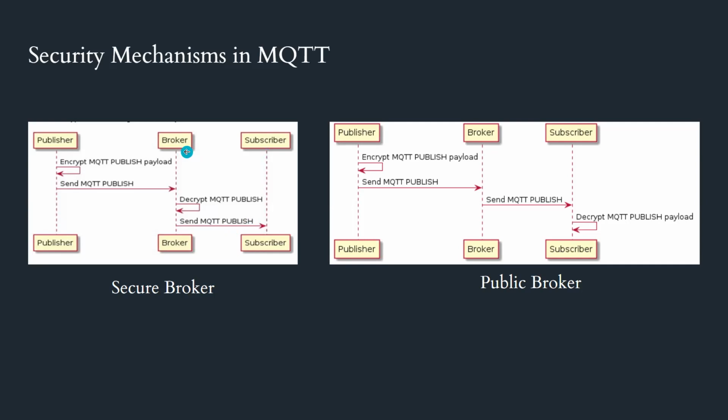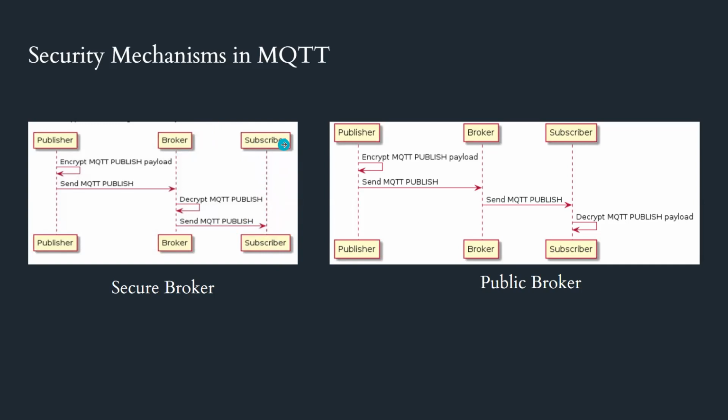So in MQTT, we actually have a set of subscribers, and only those devices will be able to obtain the data. The subscriber needs to initially inform the broker that a certain subscriber needs some data. So after the broker establishes a secure communication with the subscriber, only then does the broker send data to the subscriber.